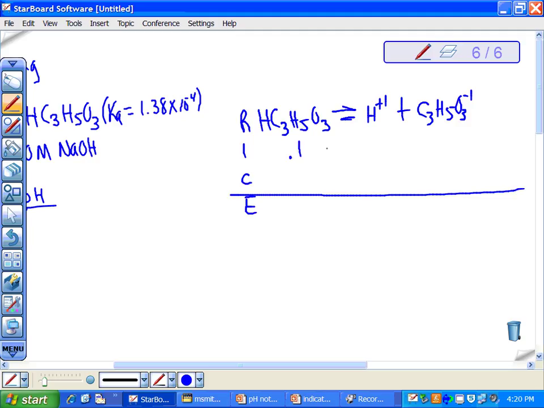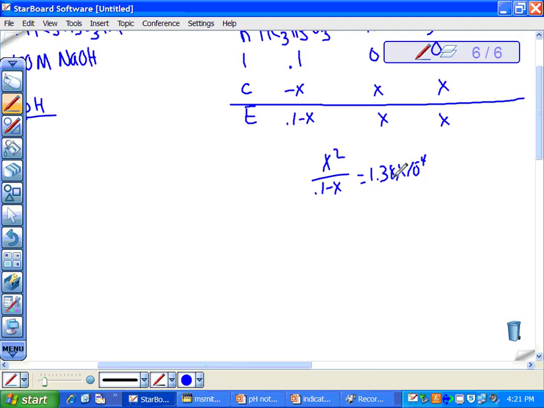So you've got a 0.1, this is 0, 0, minus x, x, x. So just a very simple RICE equation for the 0 mark. Again, for strongs we don't have to do that because they break apart 100%. So very simple. We could use our solver or not use our solver, whichever you prefer.